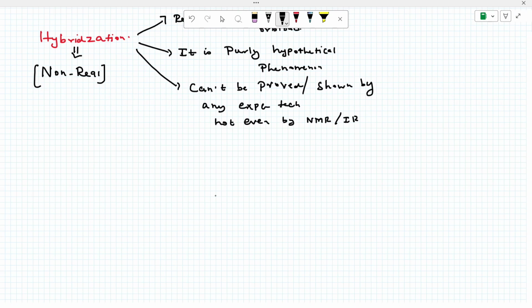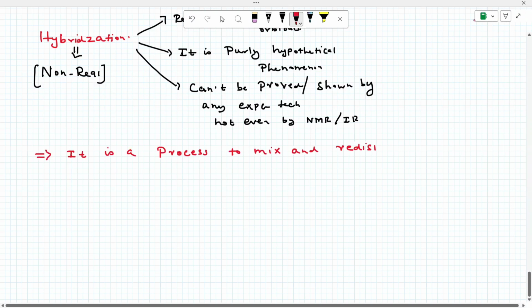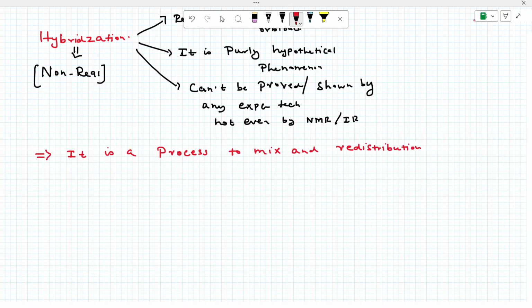Now போலாமா கான்செப்ட். Now what is the definition of hybridization? Please note. இத பாலின்ஸ் கண்டுபிடிச்சார். Okay, it is a process to mix and redistribute different orbitals to make them identical in shape and energy.